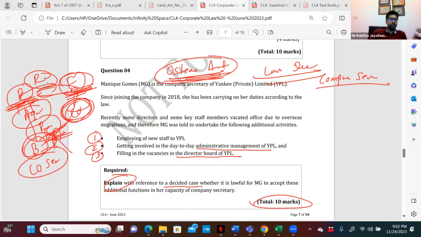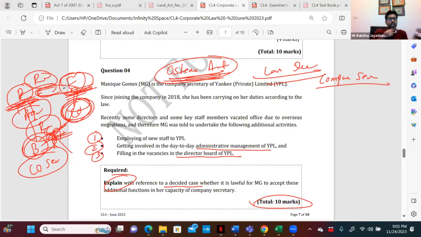Therefore, the company is responsible to make the payment. So prior to this judgment, actually, the company secretary was considered a clerical staff member, didn't have any powers. So Lord Denning in his judgment specifically said he's not a mere clerk.